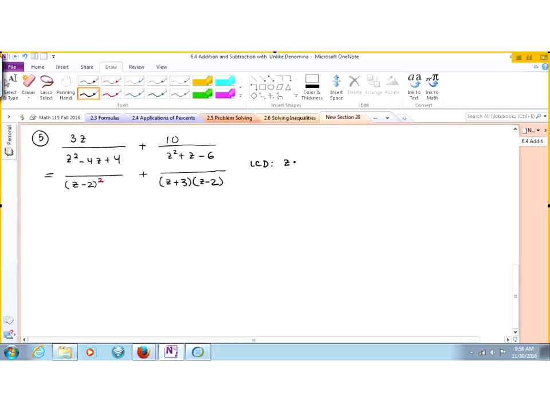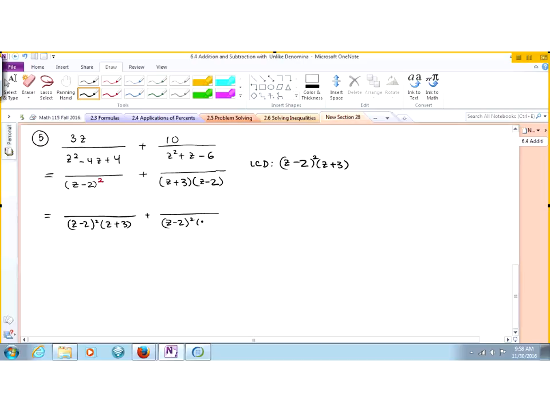Now, what is the LCD? z minus 2, z plus 3, and I choose the highest exponent. For z minus 2, what is my highest exponent? Square. Okay. So now this is my LCD here. This is z minus 2 squared times z plus 3.